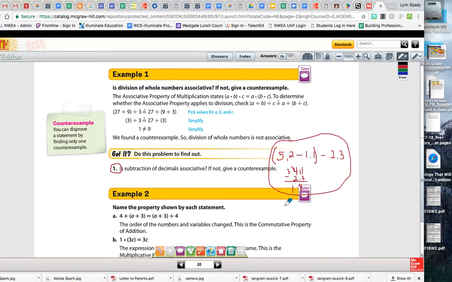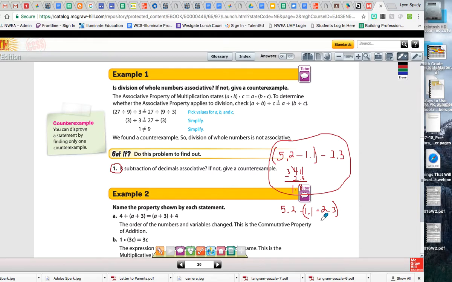But the associative property says that I can take those same numbers, 5.2 and 1.1 and 2.3. Let me rewrite the problem out here if you can read that. And if I put parentheses, if I group them differently, I have 1.1 minus 2.3.